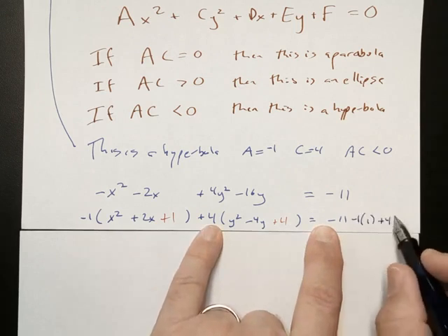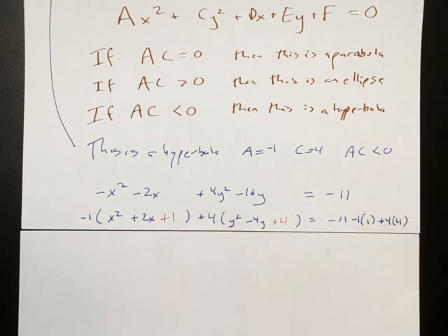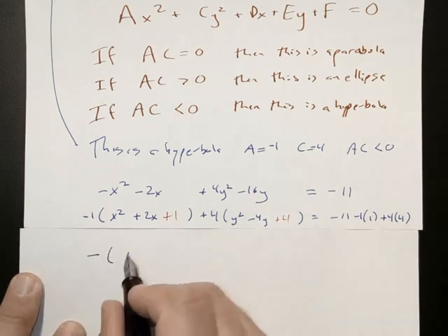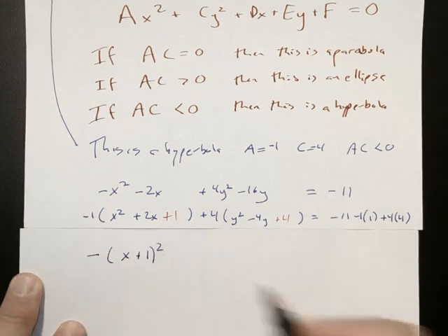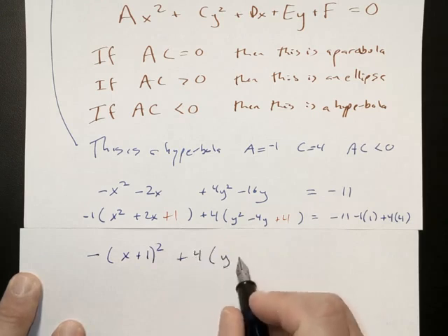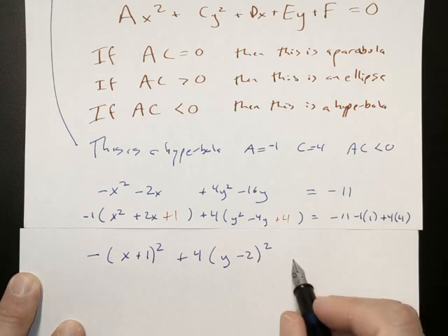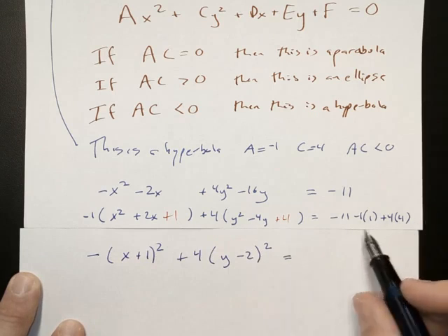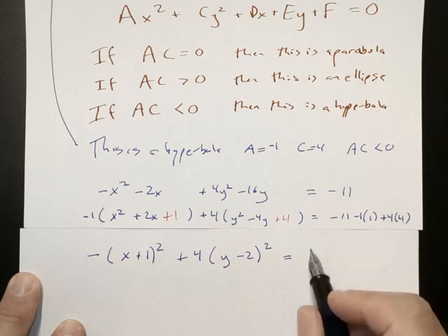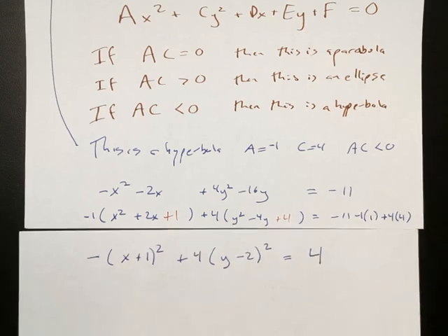In the parentheses, plus 4 times 4. So here on the left, I have minus parentheses x plus 1 squared plus 4 parentheses y minus 2 squared. And on the right, negative 11 minus 1 plus 16, I have a 4.